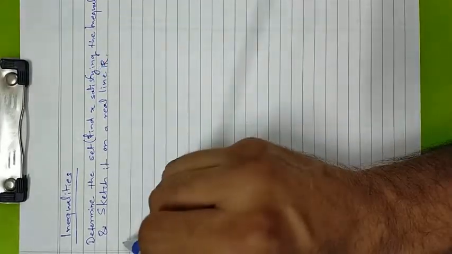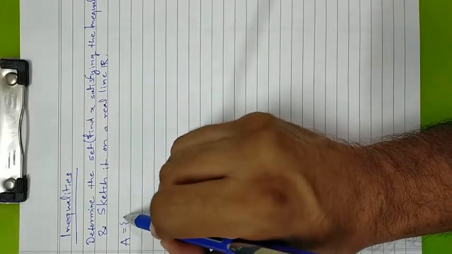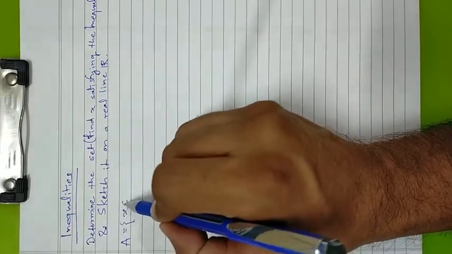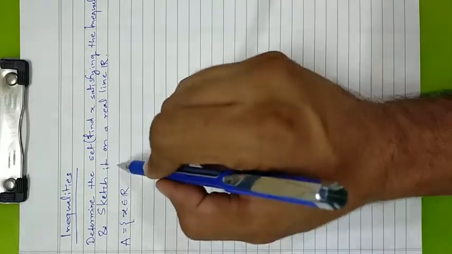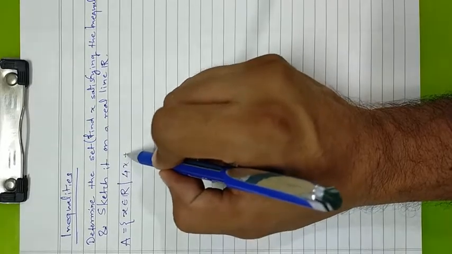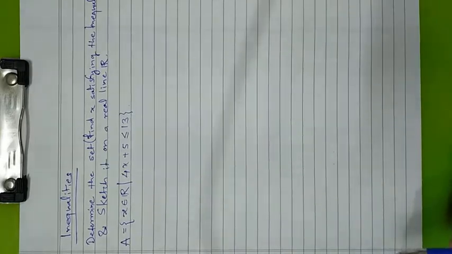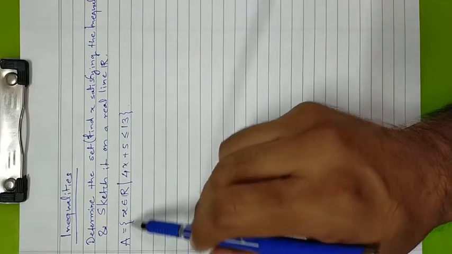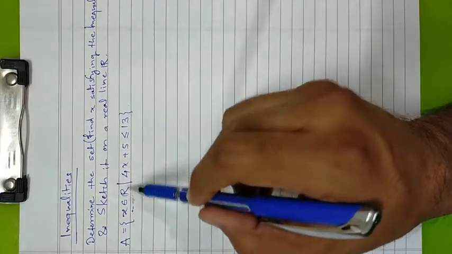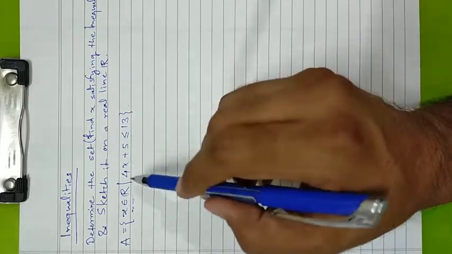Okay, so let us consider some set with some inequality. Suppose I have a set A with the elements x, where x is a real number such that 4x plus 5 is less than or equal to 13. So we have to find the set. That means what are those elements for which this inequality holds: 4x plus 5 is less than or equal to 13.